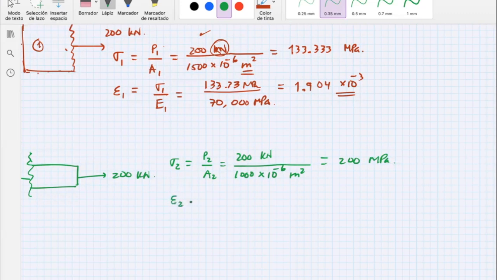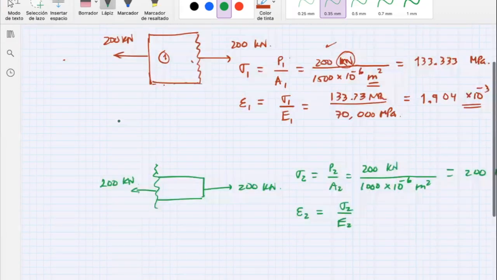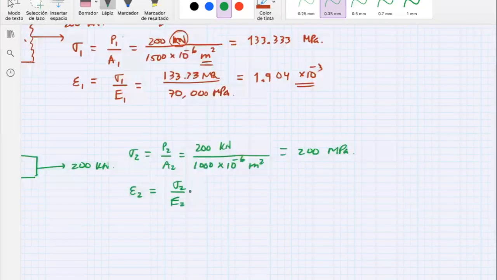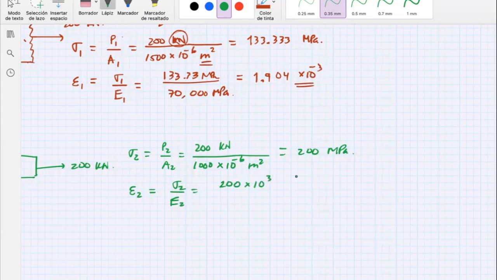Let's go with the strain at 2. The strain at 2 is equal to sigma 2 divided by the elasticity, which in this case is 200 gigapascals. So I'm going to put 200 times 10 to the 3 megapascals up there, and 200 gigapascals down there.